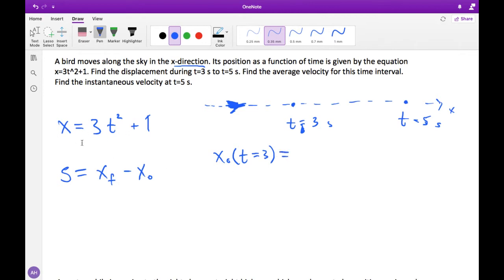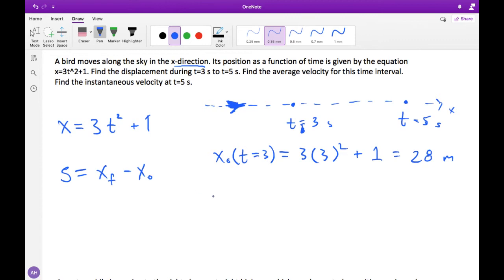Using this equation for position as a function of time, we can just plug in 3. So we have 3 times 3 squared plus 1. The initial position at 3 seconds is going to be, see, 3 times 3 is 9, times 3, 27, 28 meters.